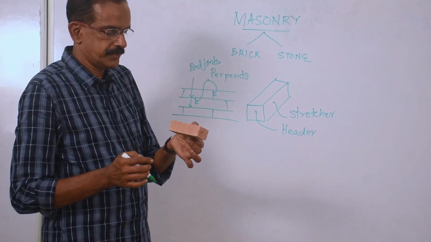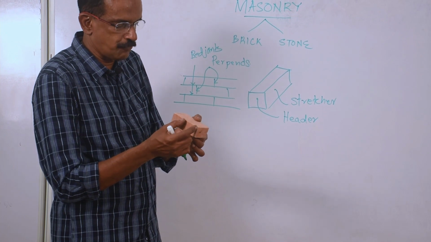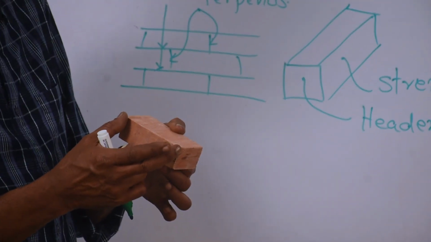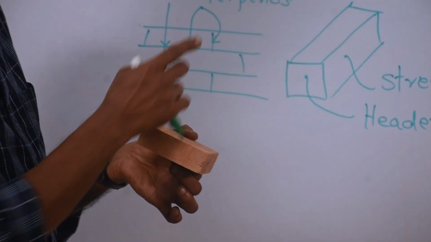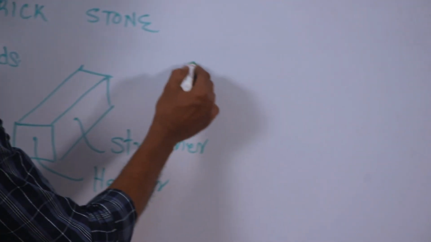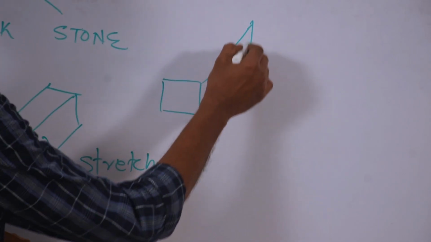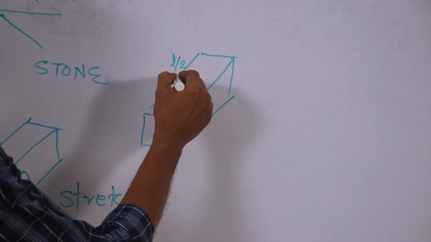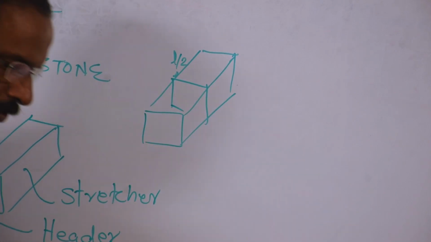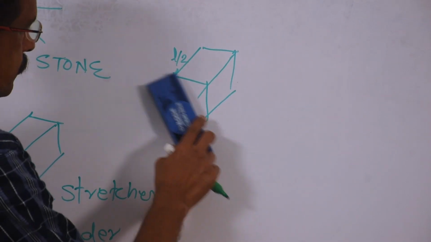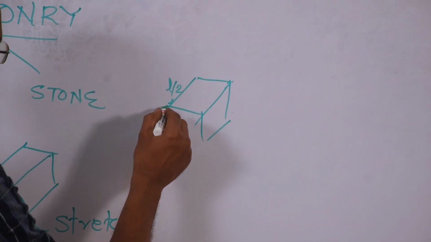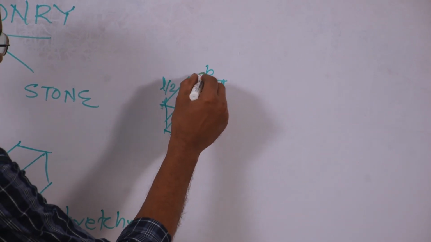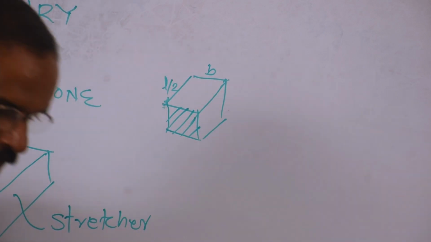Consider a brick and take half of its length. If the total length is L, take L by 2. In the sketch, a full brick, take L by 2, that is this point. Cut into 2 pieces, full width and half length.